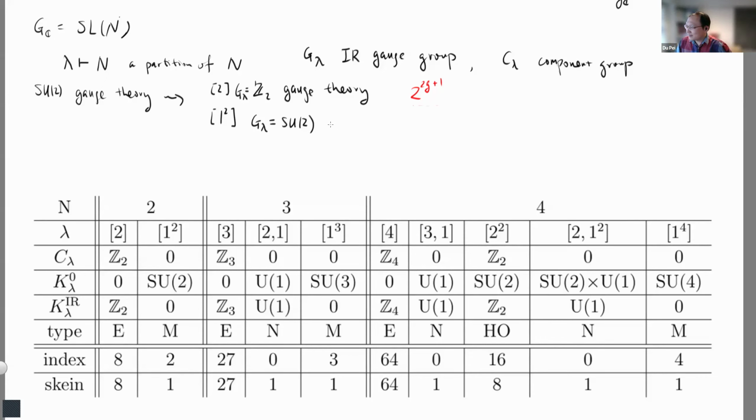And that seems to be not a simplification, because we started with an N equals 4 theory with SU2 gauge group. Now we get an N equals 1 theory with SU2 gauge group. And why is this simpler than the previous question?